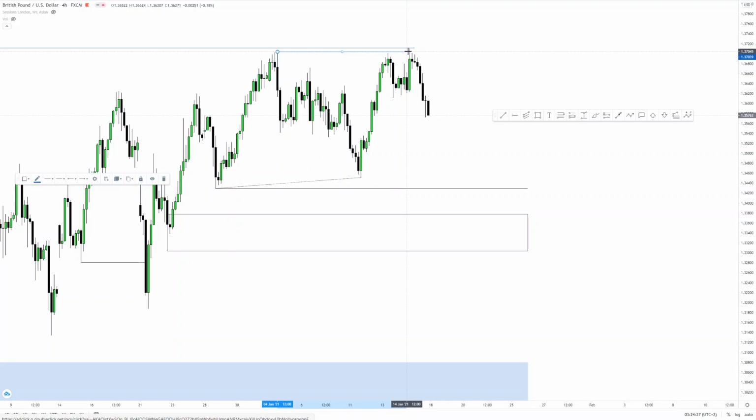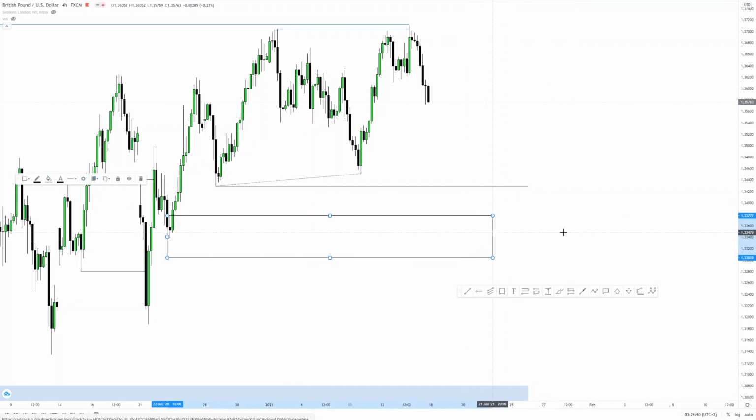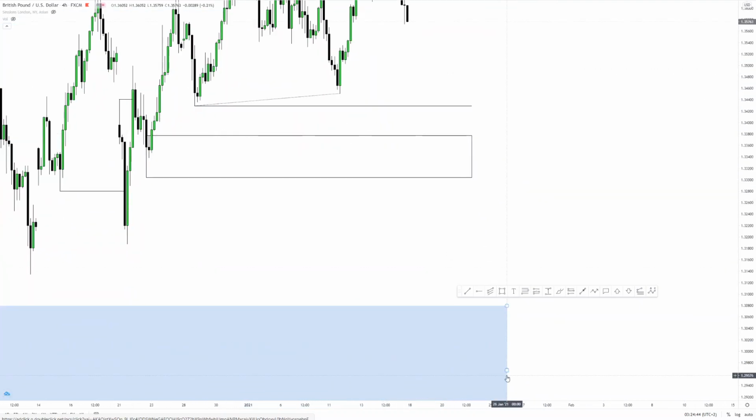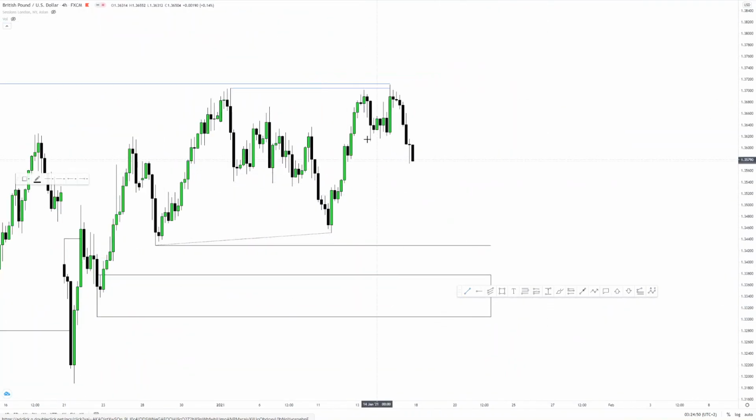And also up until price shows us a willingness to go higher. So at the moment we're just bearish. So you can see that we already broke the structure here on the H4.